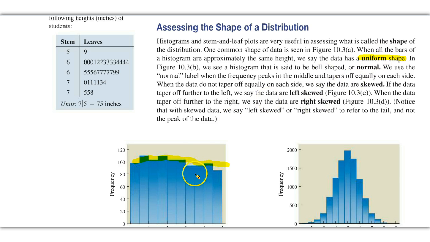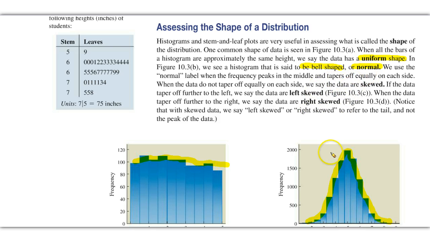So for this type of histogram, where the columns are about the same size, we call that uniform shape. Now, one of the most common ones that we see is where it looks like this. It slowly starts up, reaches a pinnacle, and then starts down. In fact, you'll notice it looks like a bell. This is often referred to as the bell-shaped histogram or a normal-shaped histogram.